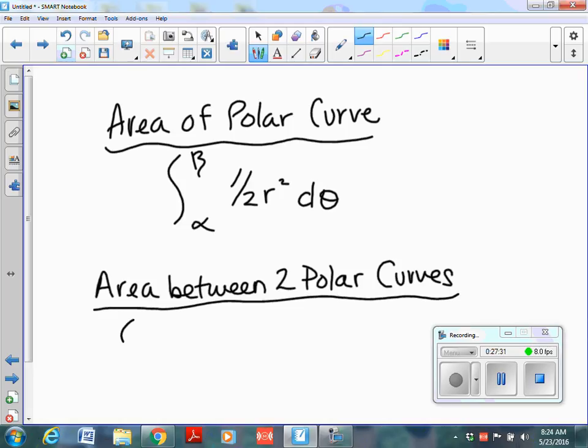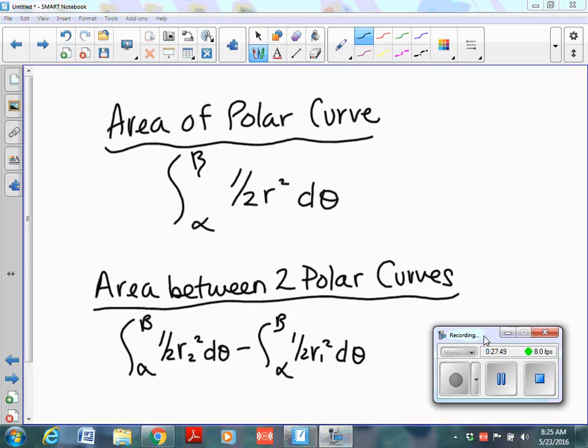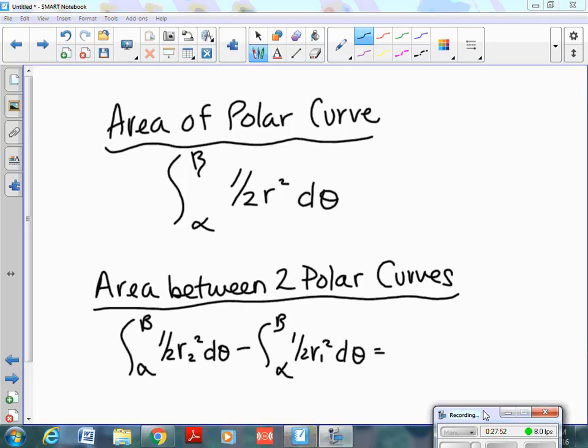You're going to integrate from alpha to beta, 1/2 r2 squared d theta, top minus bottom like you did before, which is equal to the integral from alpha to beta of 1/2 times r2 squared minus r1 squared.